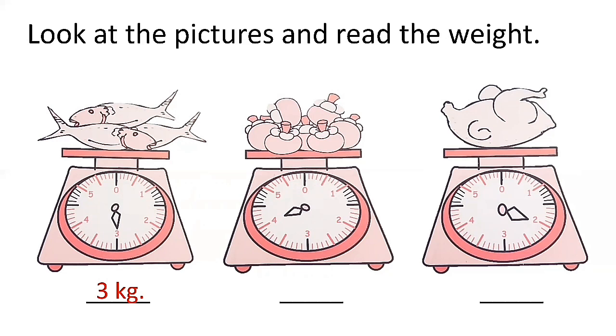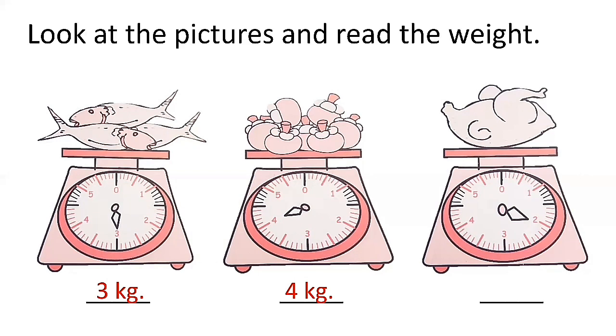As you can see here, since the arrow is pointed to 4, the mangosteen is 4 kg or 4 kilogram. Okay, let's proceed to the next picture or scale. The chicken.